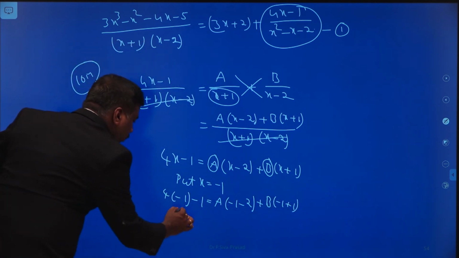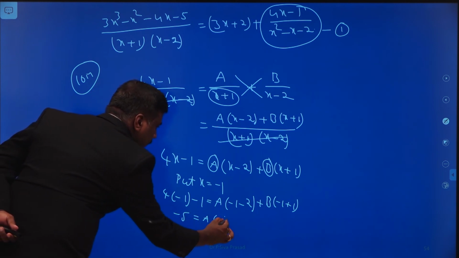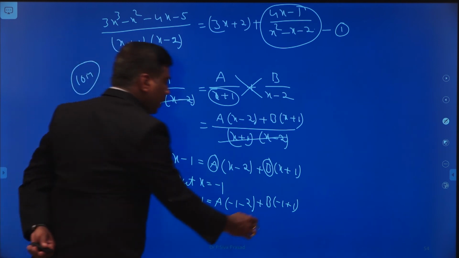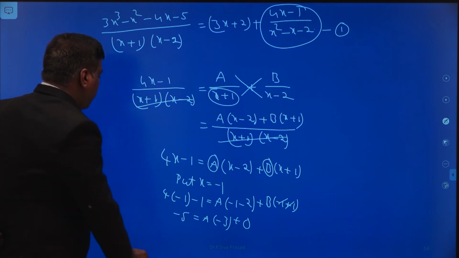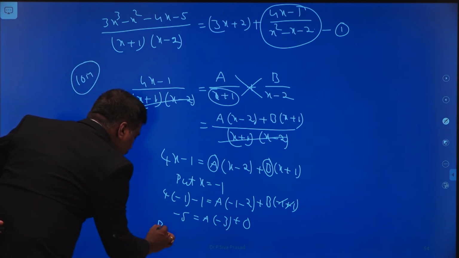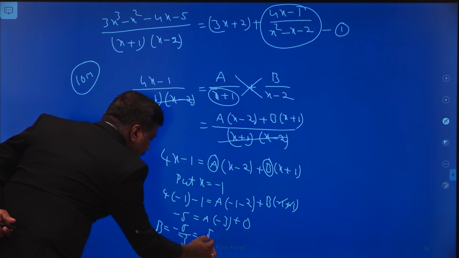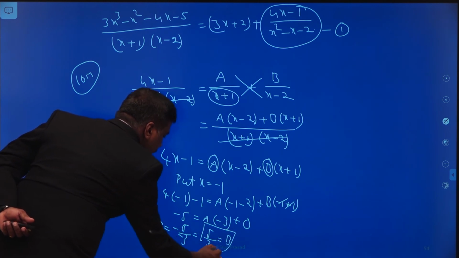Then this is minus 4 minus 1, that is minus 5, equal to a into minus 3, and the next term is 0, because minus 1 plus 1 is 0, and 0 into anything is 0. Then a is equal to minus 5 by minus 3, so a value is 5 by 3.